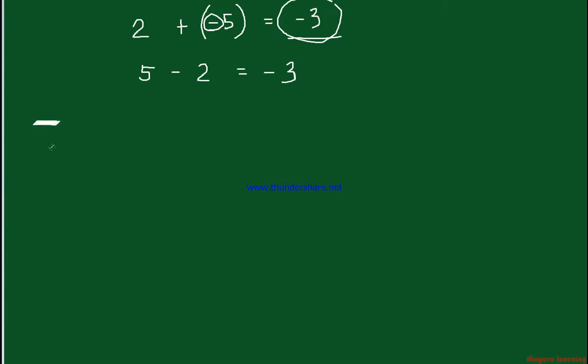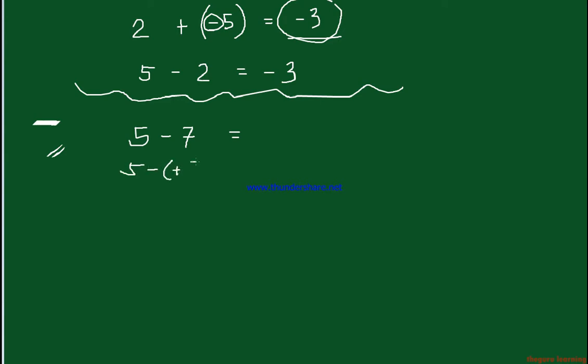Next thing, subtraction. Subtraction is almost the same with addition, in that we just negate or reverse the subtrahend, I'm just so confused with that. Alright, let's just say 5 minus 7. This positive 7, to expand this, we have 5 minus positive 7.